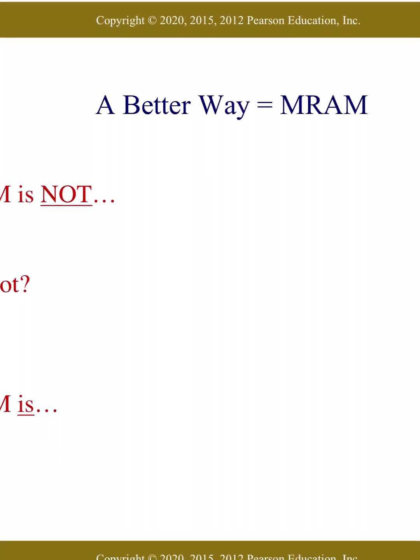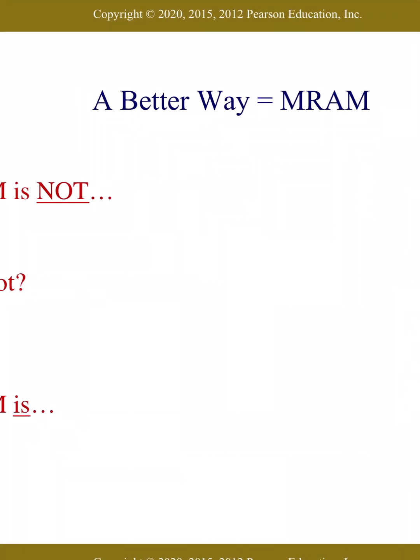Okay, so just to summarize, what is MRAM not? An average. Okay, MRAM is not an average of LRAM and RRAM. Unless, what would the only instance be? Okay, if it was a linear function. Okay, if the slope was constant.